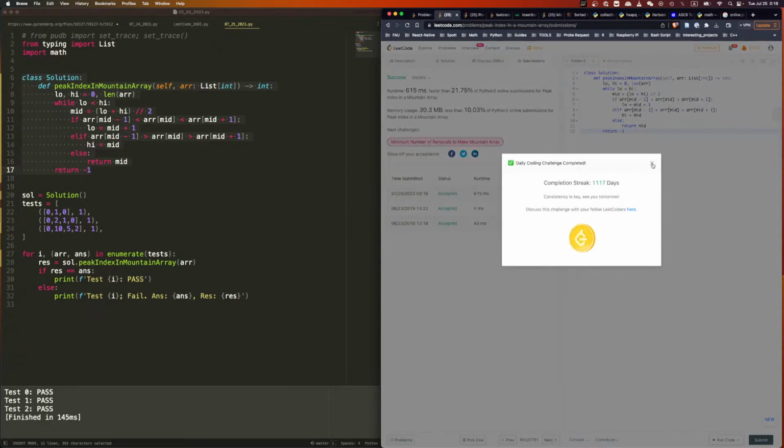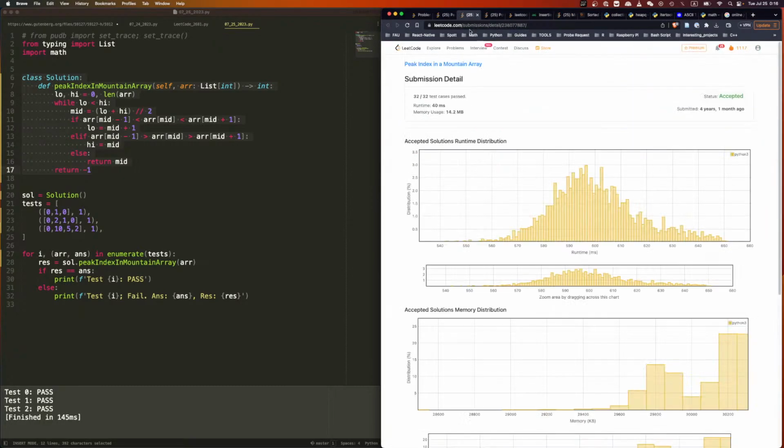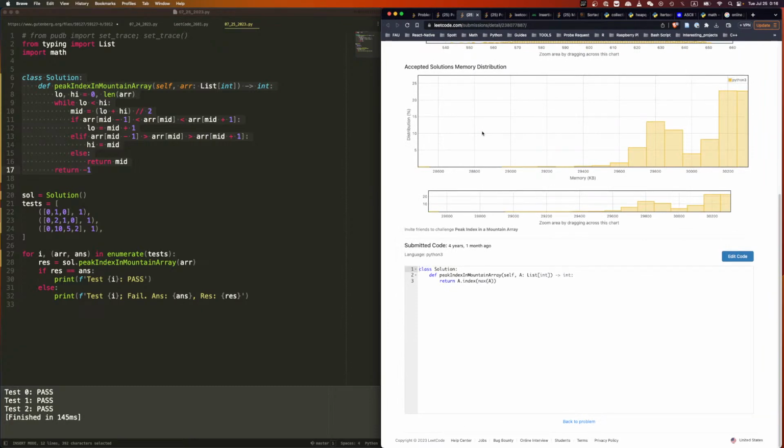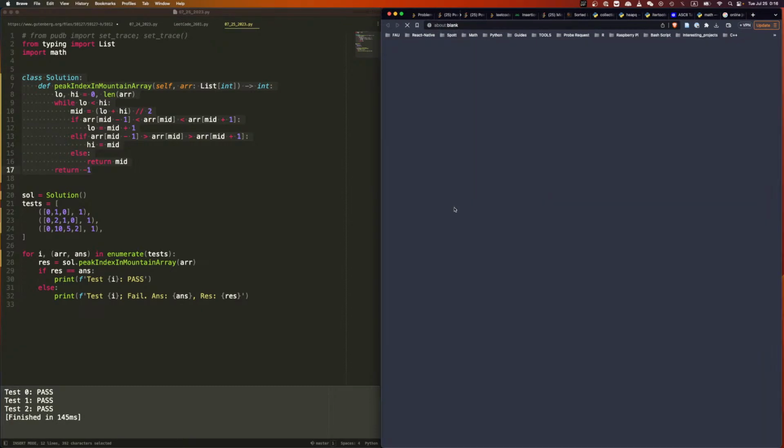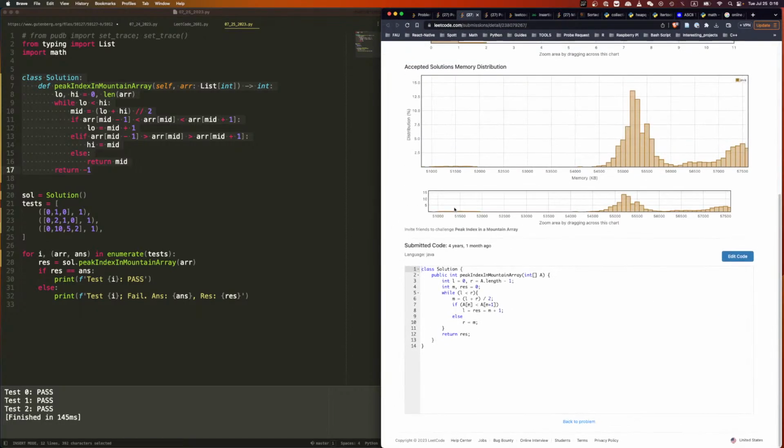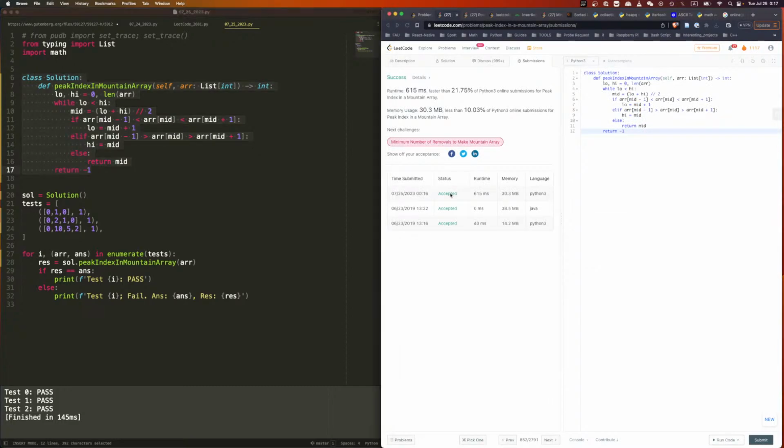That was a long time ago. 32 tests. Oh, this is binary search. Oh yeah, this is enough. That is true. This is enough. How many test cases do we have this time? 42. Binary search.